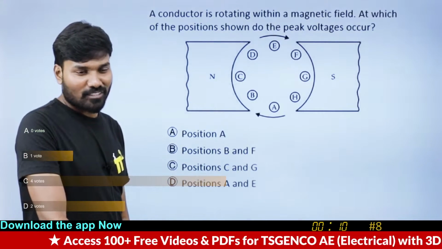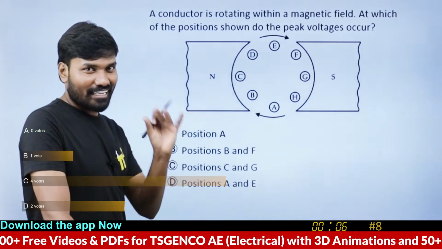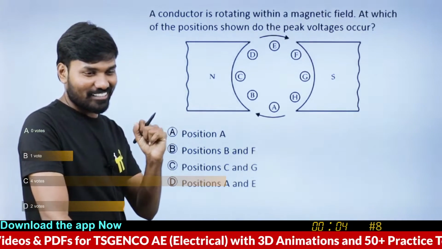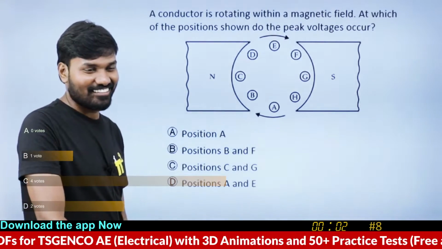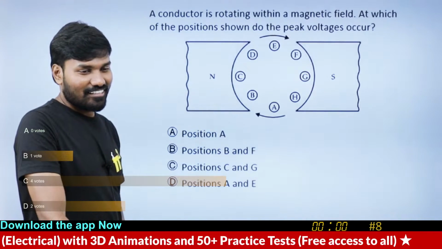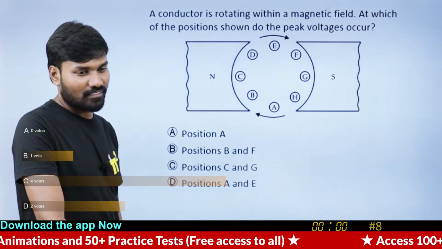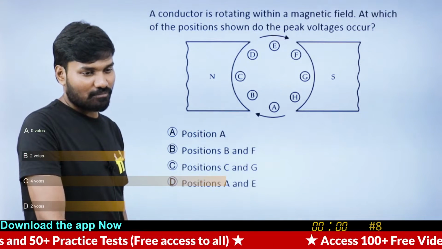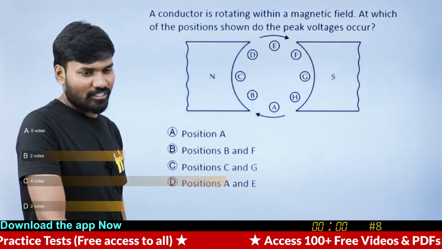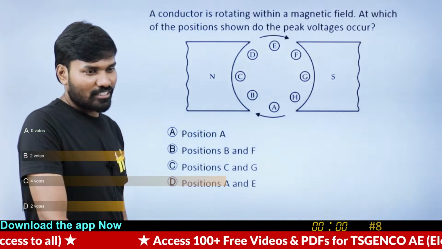Nagdeep, you have to send just once, not twice. AI will not detect DD, it will only detect D. Okay, time's up. Arvind is trying to say something.